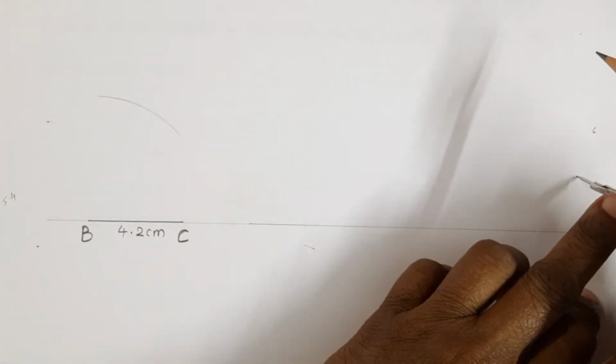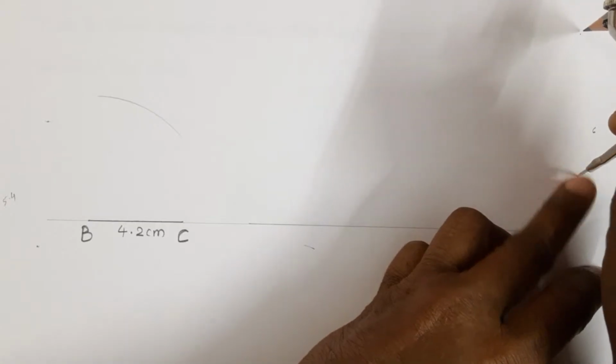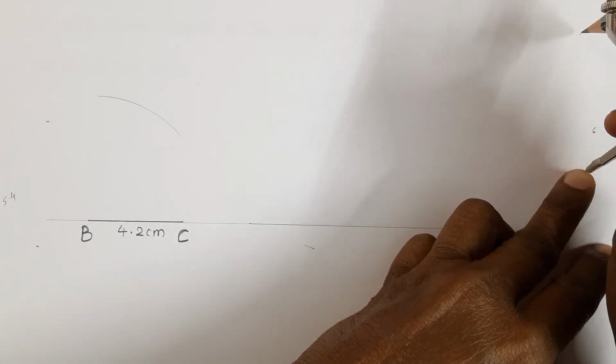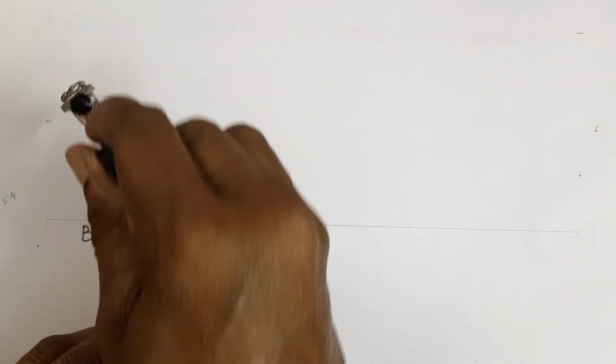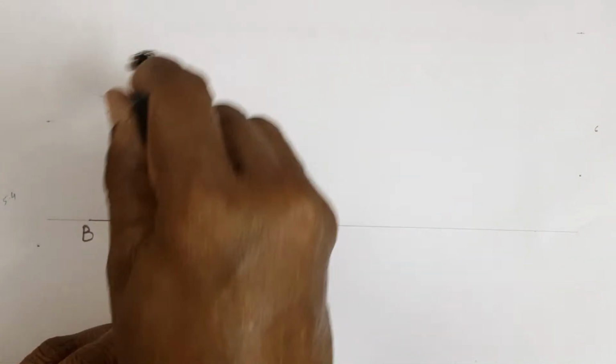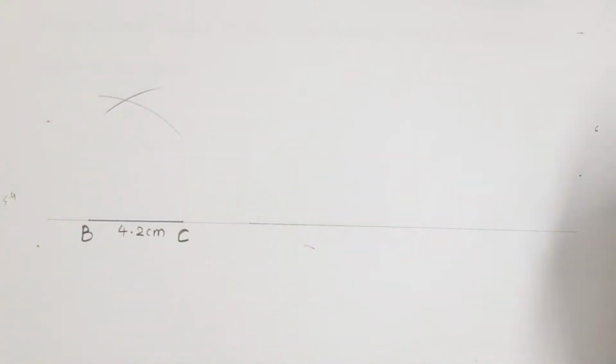Okay, and then in the compass take this distance 6 centimeter, and that distance taking from C. So mark from there. Intersect this arc.